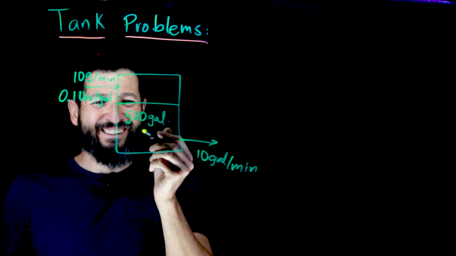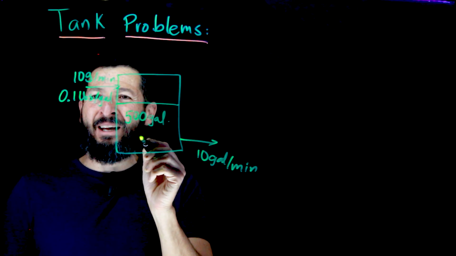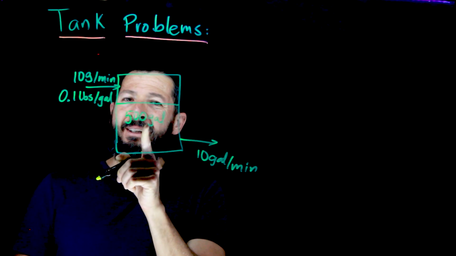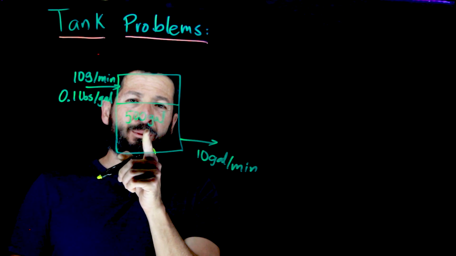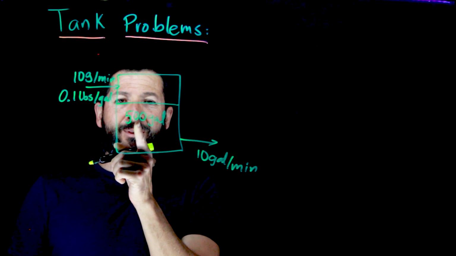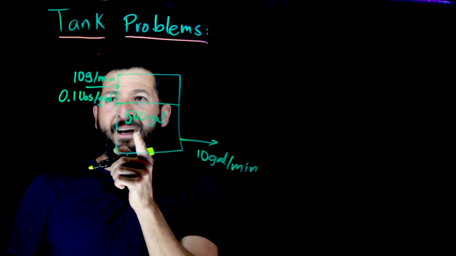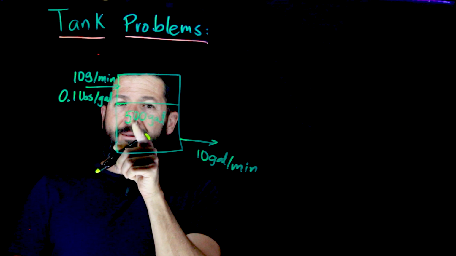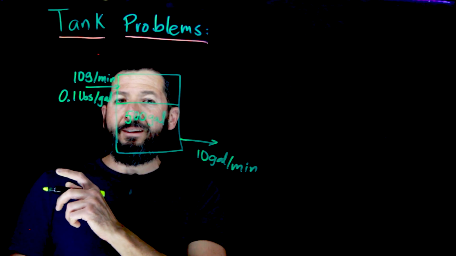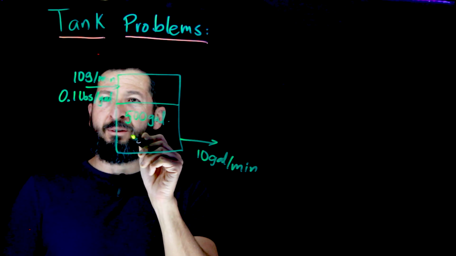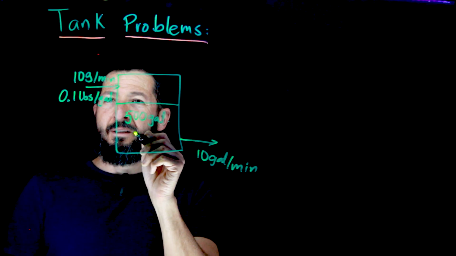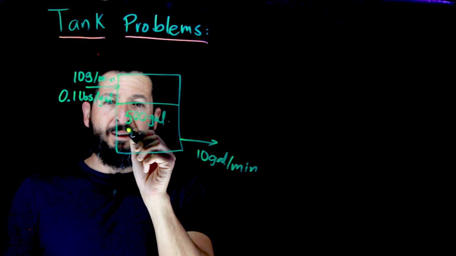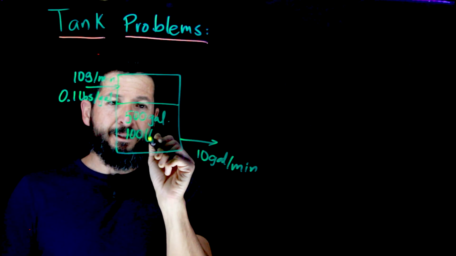And let's say that initially this concentration will be 0.1 pounds per gallon. So let's say that we start with a higher concentration. So we have 500 gallons. 0.1 would give me a 50. Wait, 500? Yeah. So let's say that I start with 100 pounds of salt.